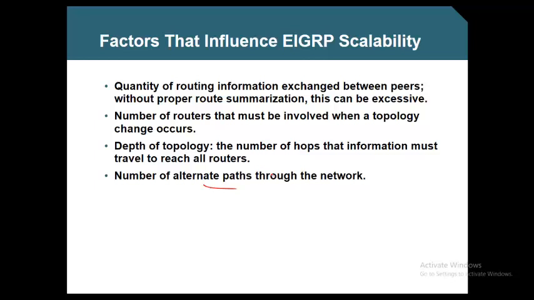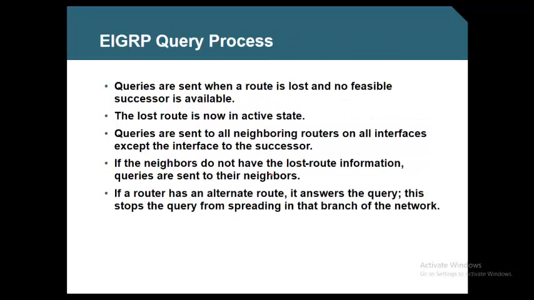EIGRP STUB is needed whenever there is a hub and spoke design, and whenever there are paths available, more than one path to a destination, or maybe not available. So let's see what it is. When will EIGRP send a query? What is a query? Query is a doubt.